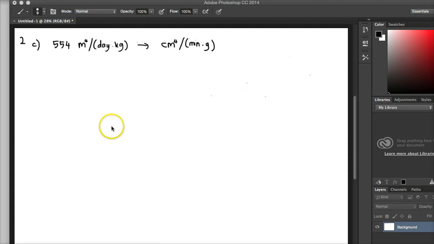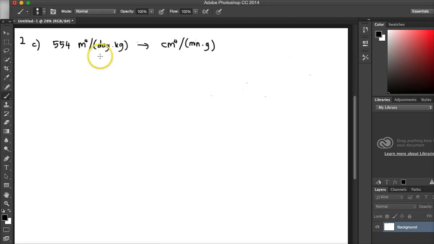For question 2C, we need to convert 554 meter to the power 4 per day kilogram to centimeter to the power 4 per minute and gram. So the conversion is using 554 m4 over day and kg.